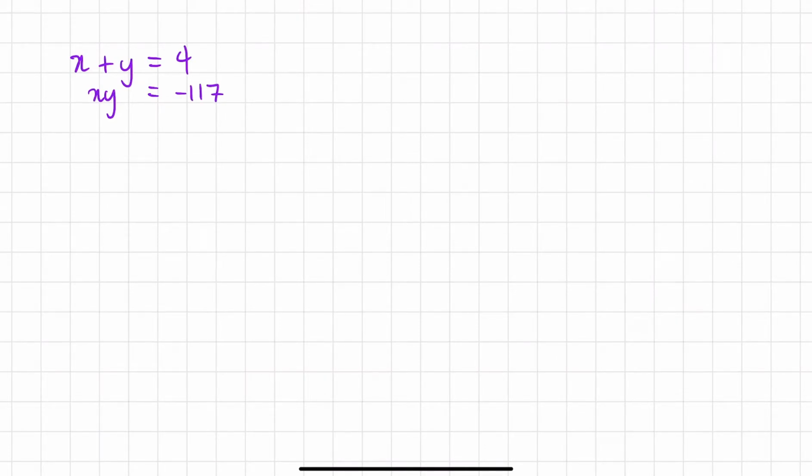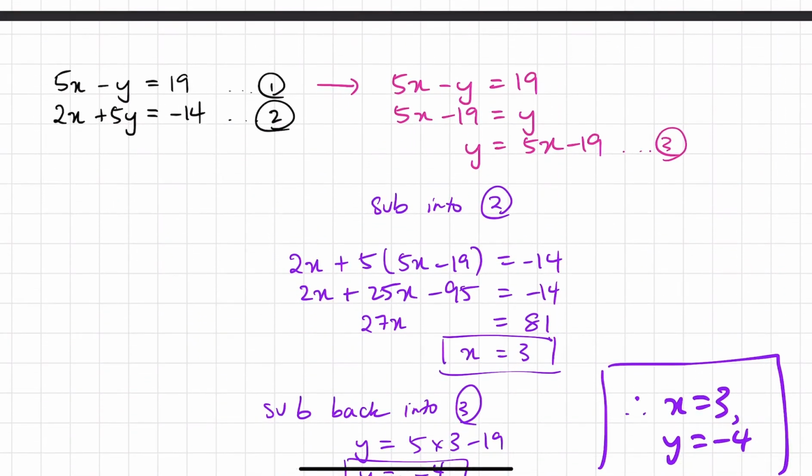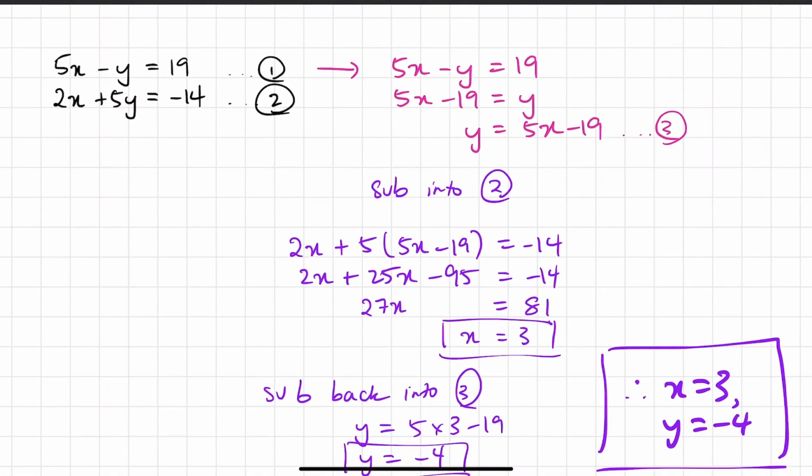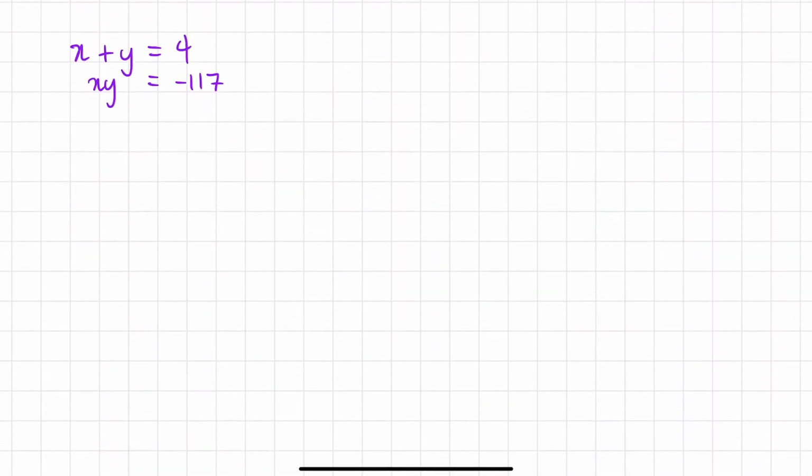In the previous question, you could do both substitution and elimination, and they both gave us the solution. But in a case like this, it's going to be impossible for us to use the elimination method, at least not cleanly right away. So it will be much more appropriate in this sort of situation to use substitution.